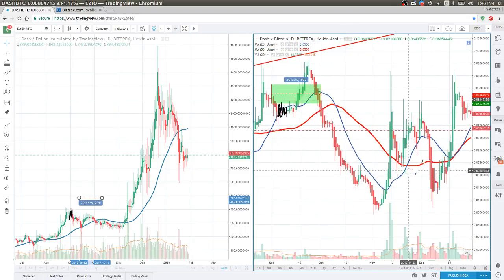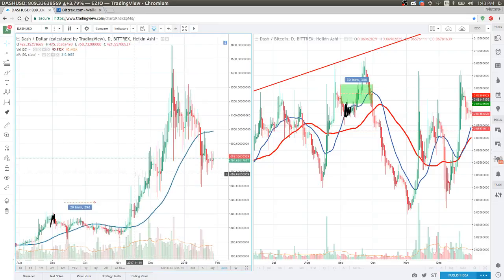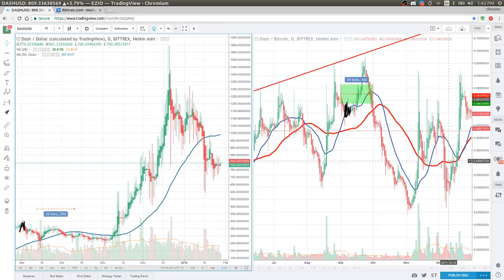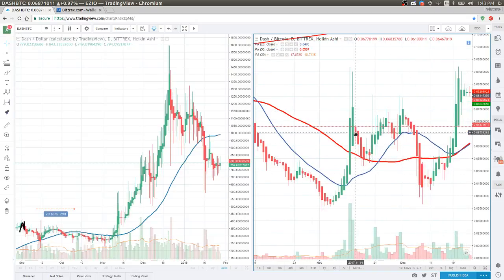I mean, you can see from the overall chart how much up and down Dash goes when here has a straight line up, and the same thing with Ethereum. Even though I cannot find it. Let me check. 14. Okay, I found it.